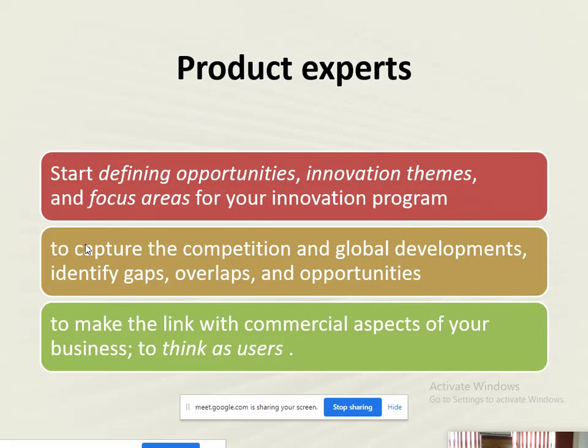That means what are the opportunities, what is the innovation theme. All of this will be focused by the product expert, and they will capture the competition and global developments, then identify gaps, overlaps, and opportunities. If there are any overlaps, or if there is anything missing during the measure and assessment part, if there is any gap, then product experts will look after these things.